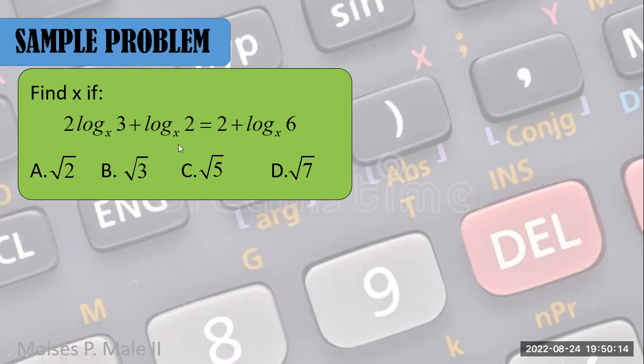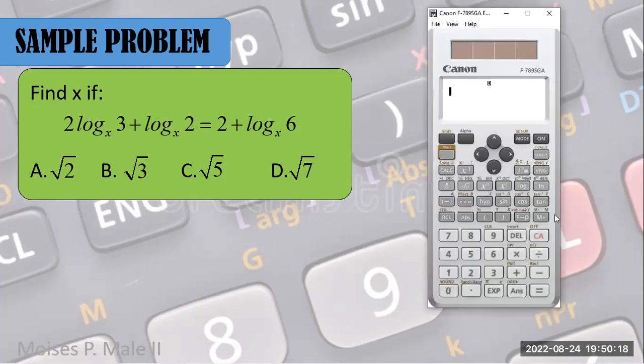So, let's try. Using the calc function, you have 2, where is the complete log? This one. Is this it?